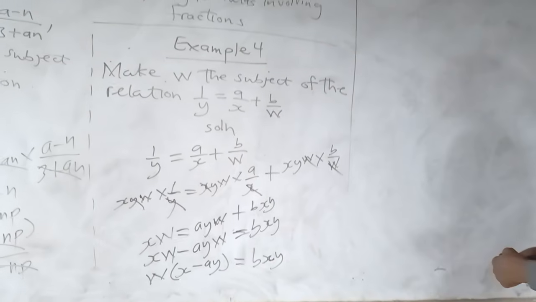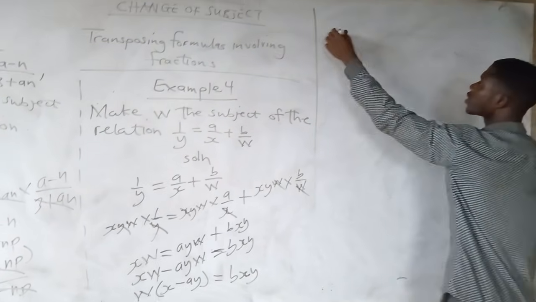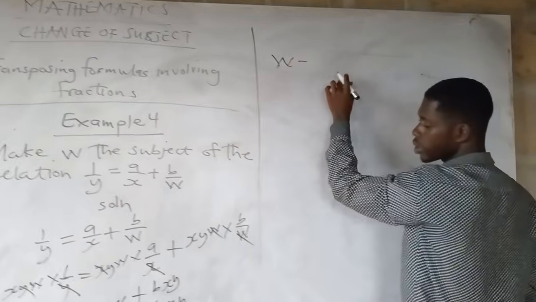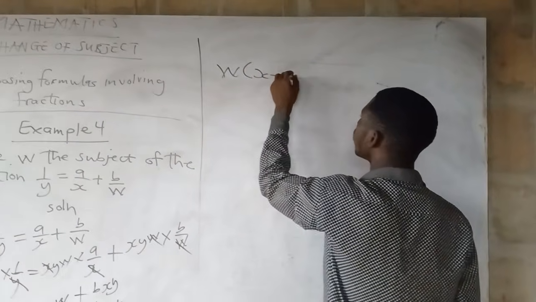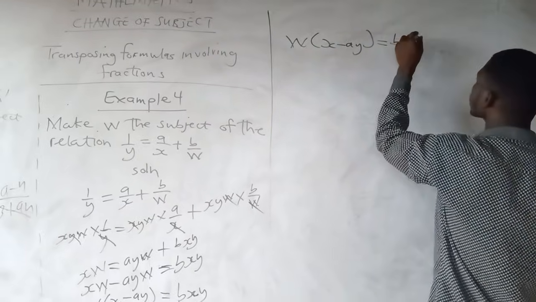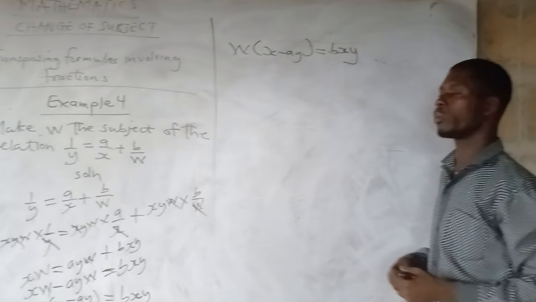So I'm repeating it here: W times X minus A Y equals B X Y. You want to make W the target.